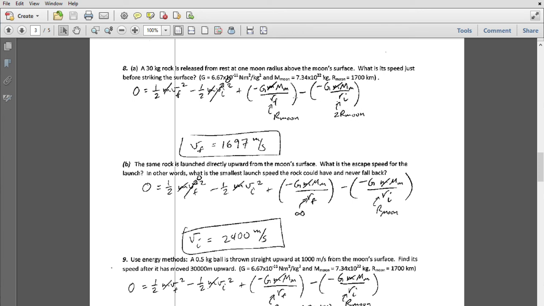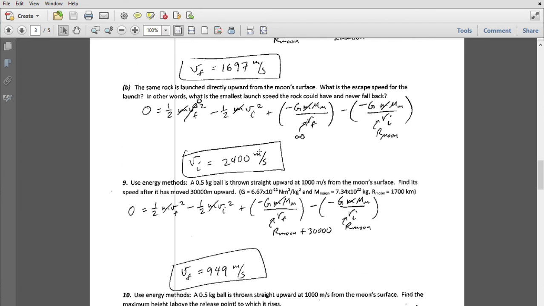The final distance is 1 moon radius. When it strikes the surface, it's 1 moon radius away from the center of the moon. Solving for all of that, you have to put in the radius of the moon and the mass of the moon that are given there. You can solve for v final. It's a big number, but we're dropping something from way above the surface of the moon, so that's not surprising.